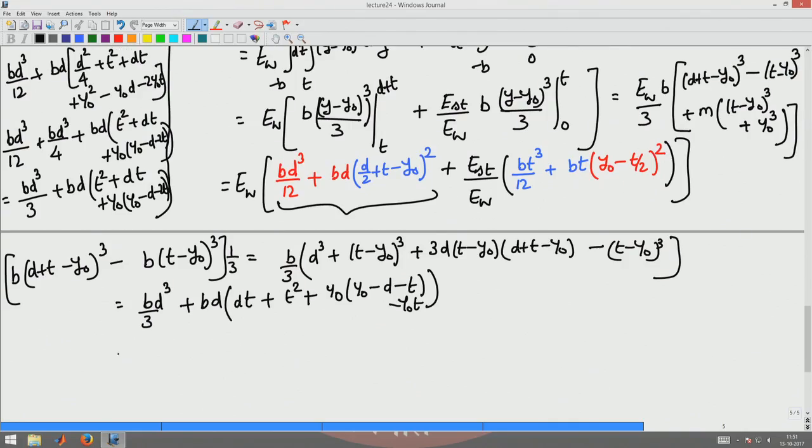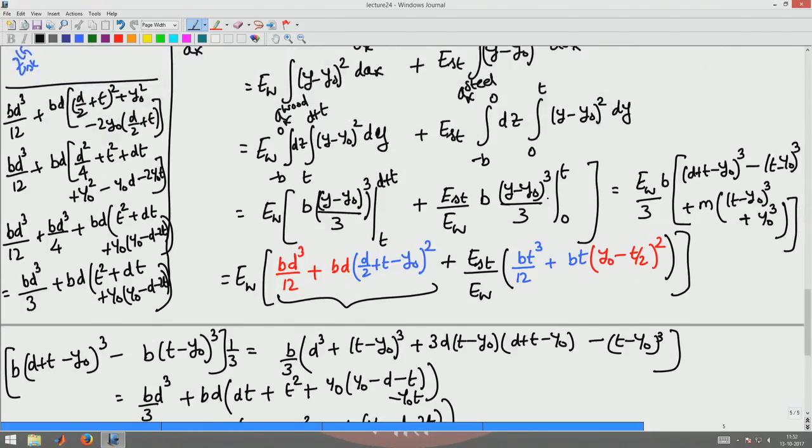So, this will be equal to bd³/3 + bd(dt + t²) + y₀(y₀ − d − 2t). This is same as what we got before. So, these two expressions are identical.